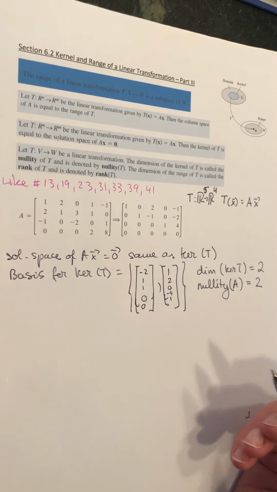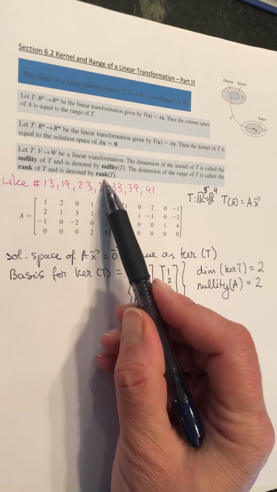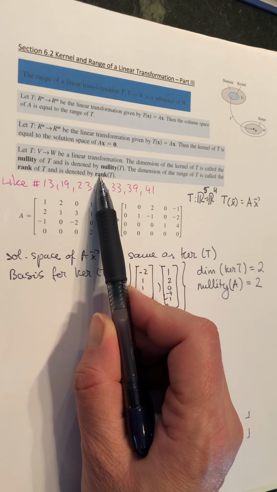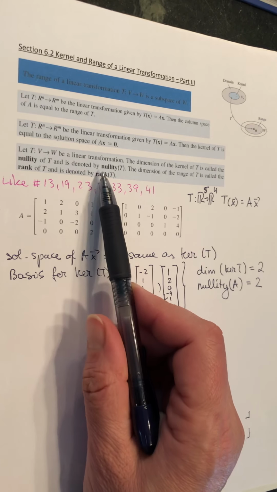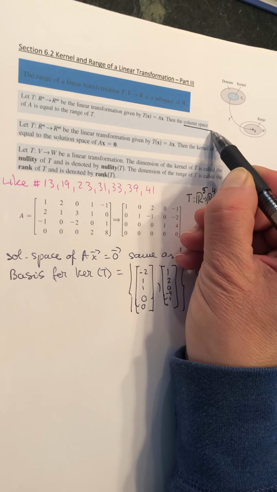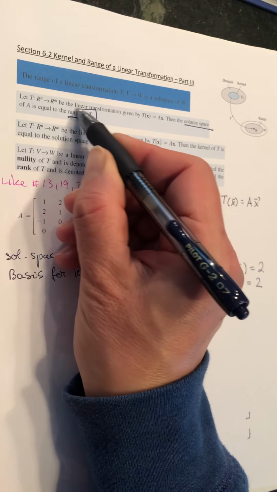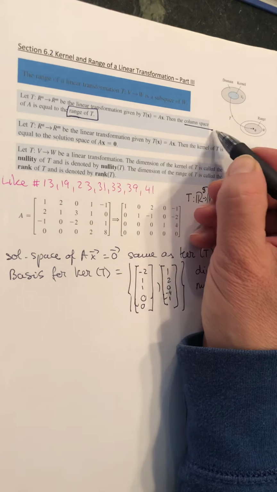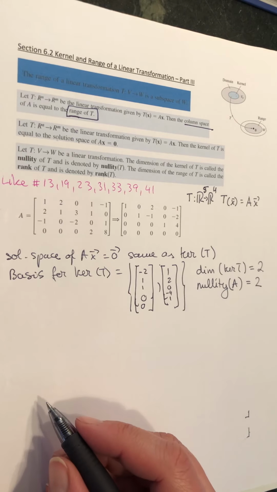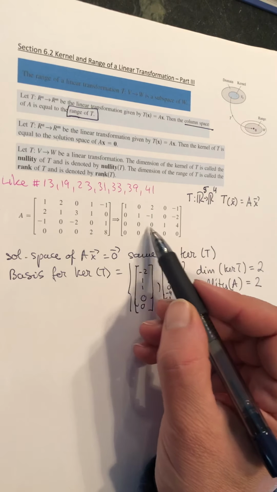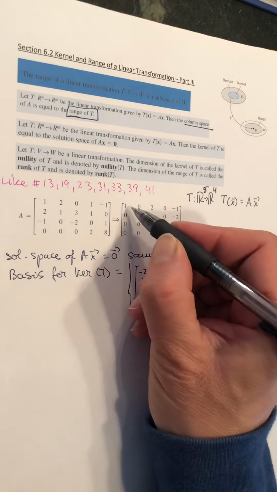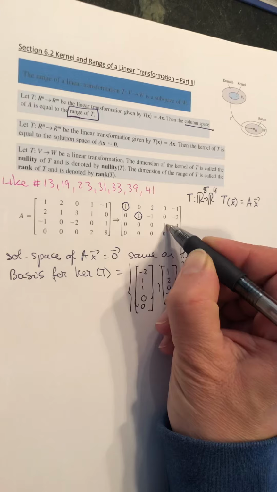The rank now, we call the rank the dimension of the column space or the row space. Most particularly right now, we're going to say that the column space of A is equal to the range of T. So now we can reflect back and ask, how did we compute the dimension of the column space? Well, it's the number of leading ones, right?